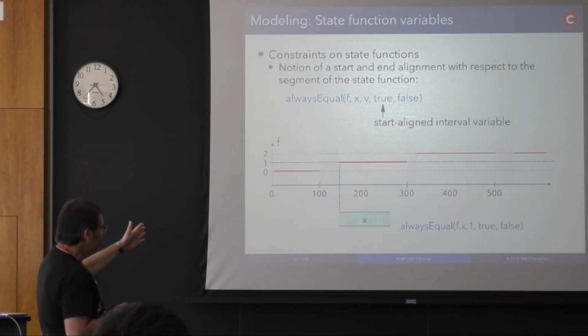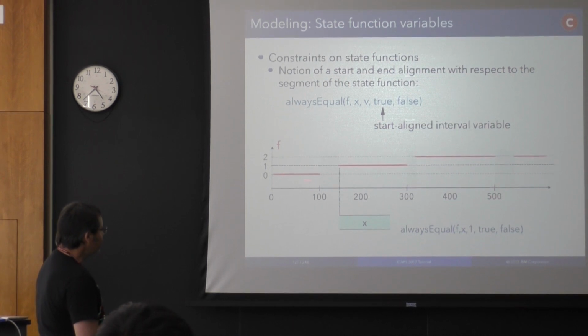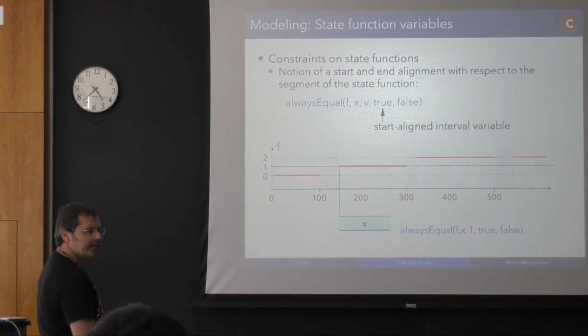And what I wanted to say here is that especially you can say, okay, at the solution, the value of a state function is a set of segments with values. You have the notion of alignment here that says, okay, this interval variable, if you say it's start aligned, it means that it starts exactly at the time of the segment of its function.